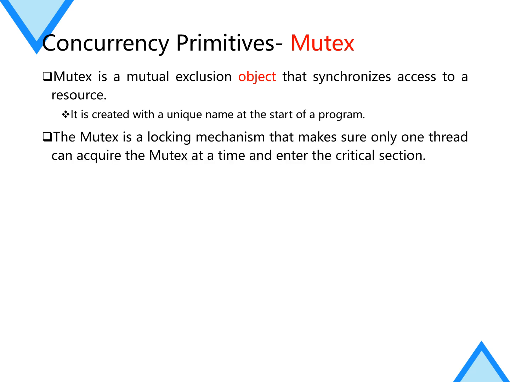The mutex is a locking mechanism that makes sure only one thread can acquire the mutex at a time and enter the critical section. Only one thread can have the ownership of the shared resource, and only one thread can be in the critical section at a time.